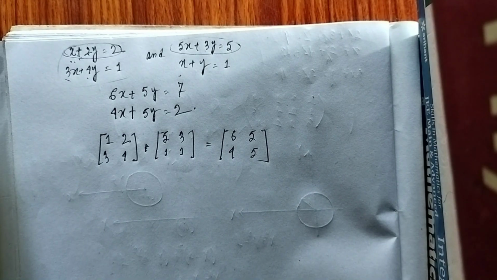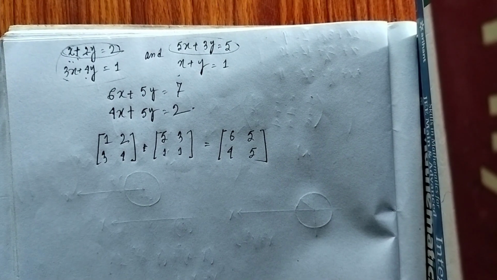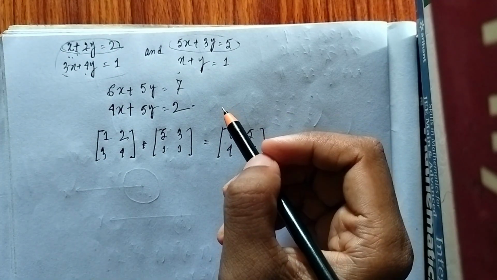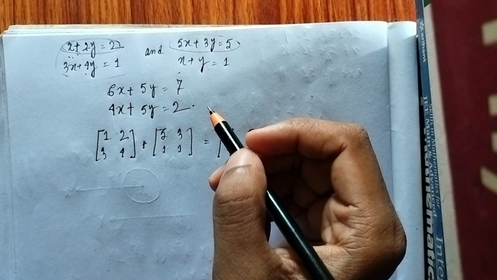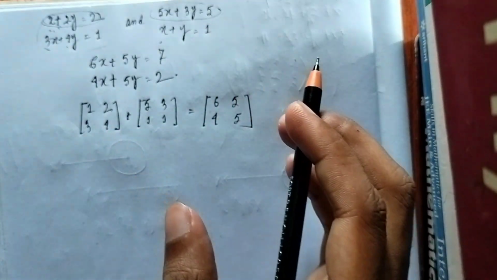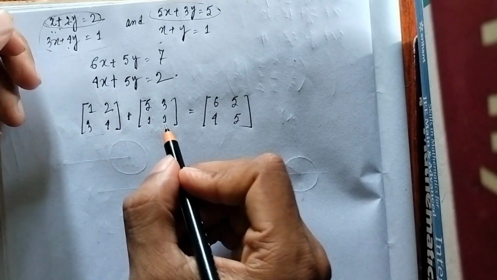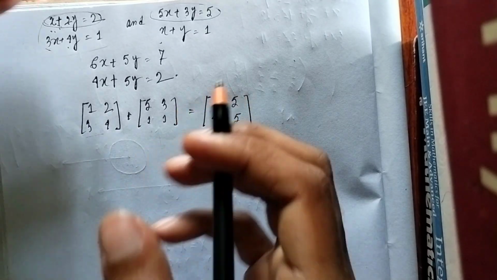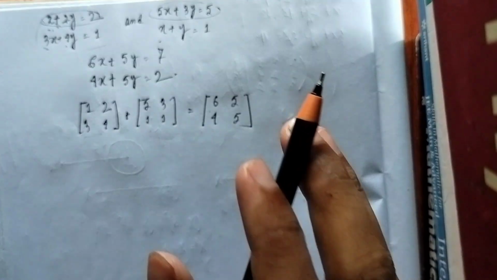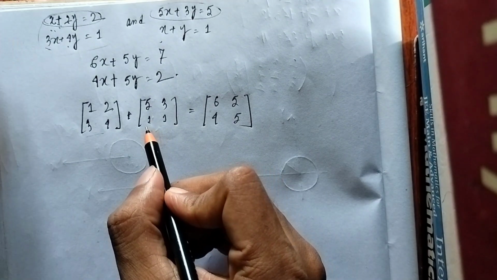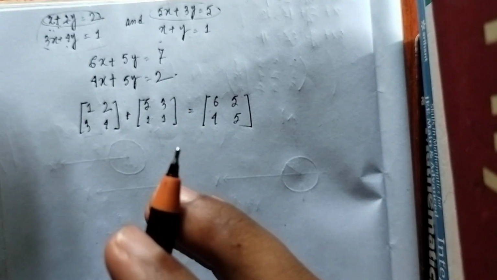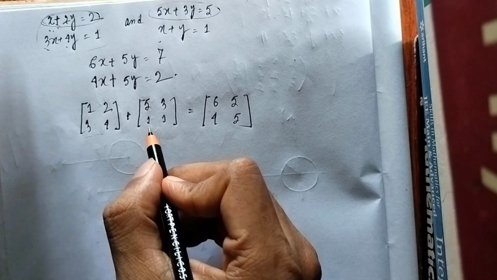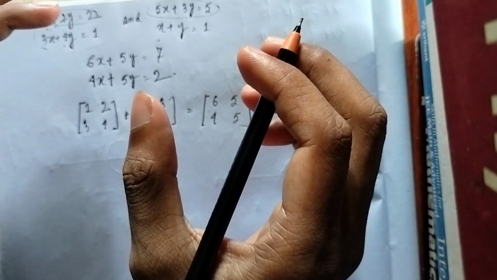Now the multiplication. But before that, let me tell you one thing: what does defining something actually mean? Arthur Cayley understood the significance of these boxes, that means the matrices. Since the boxes have significance, we definitely need to define some operations.